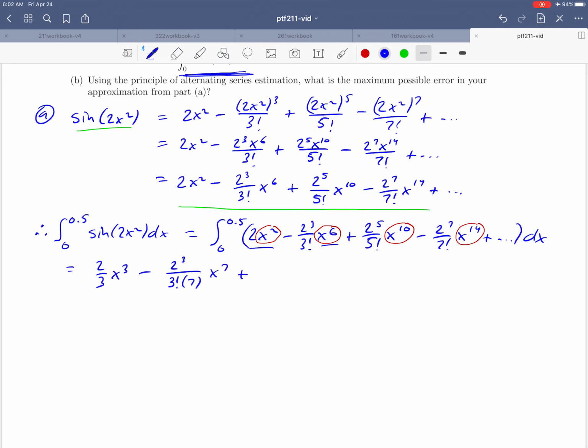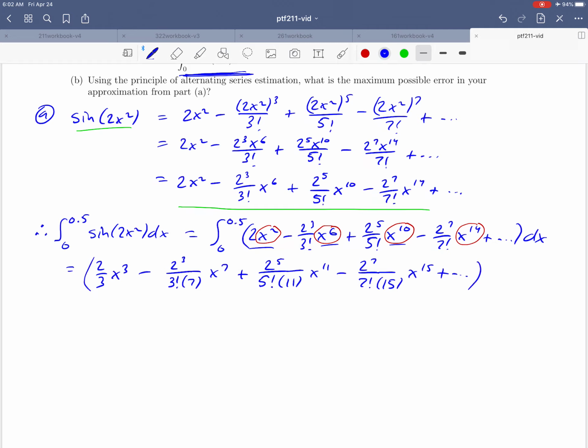Moving on, same thing, the antiderivative for x to the 10th is x to the 11th over 11. And then x to the 14th integrates to x to the 15th over 15. And this would go on forever.